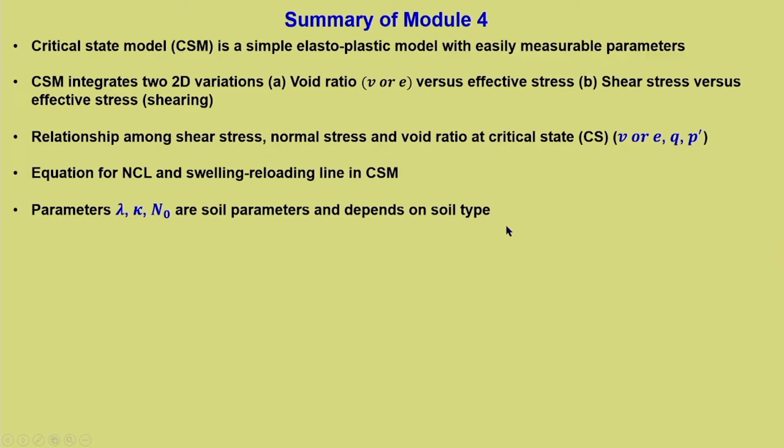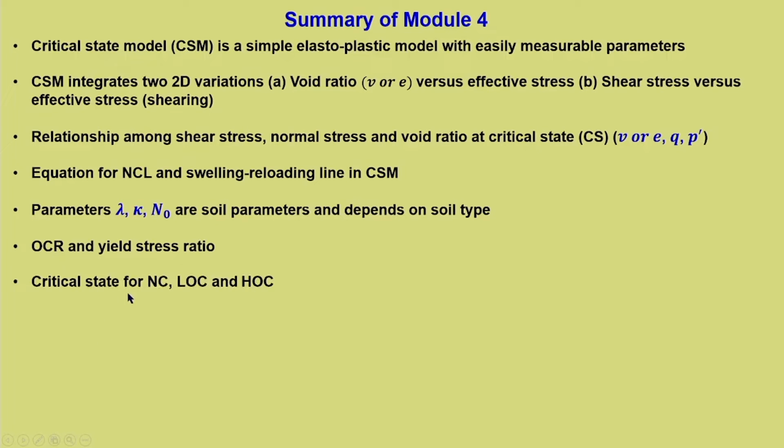Mostly you can treat it to be a fundamental property. Then we discussed OCR and yield stress ratio. We have brought out the difference between the two and where one is advantageous over the other.